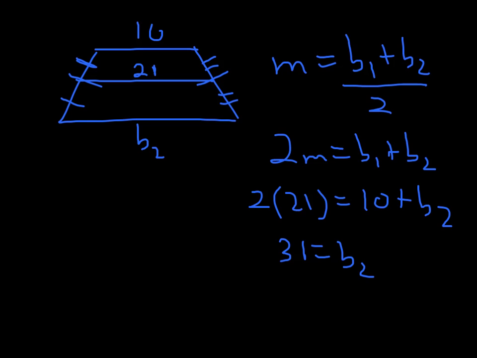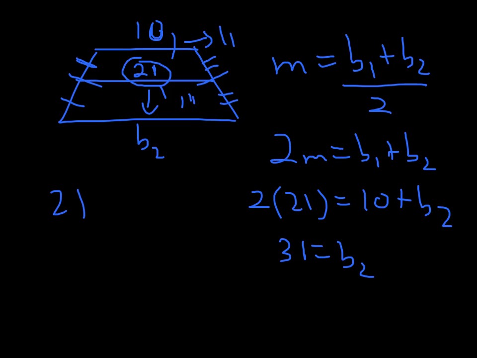An alternative way that's effective, particularly when you have numerical values, is, as I mentioned before, the difference between the median and the small base is the same as the distance from the median to the large base. So since 21 to 10 has a distance of 11, therefore there's also a distance of 11 going the other direction, from the median to the bottom base.